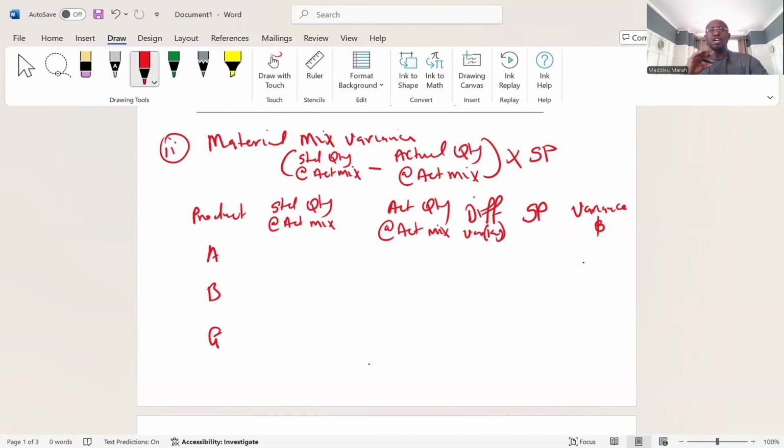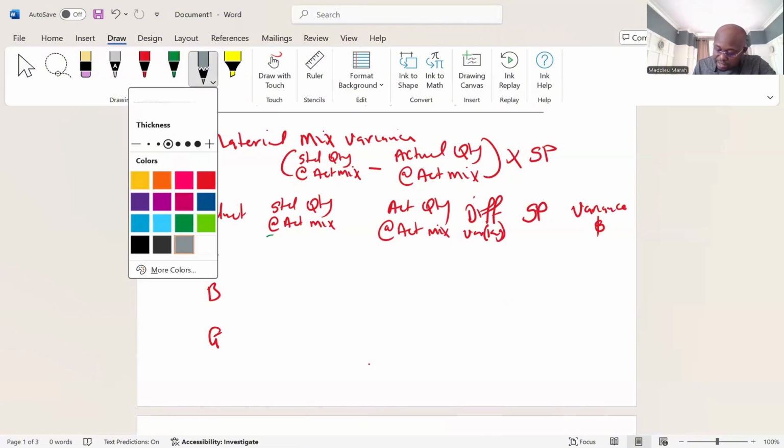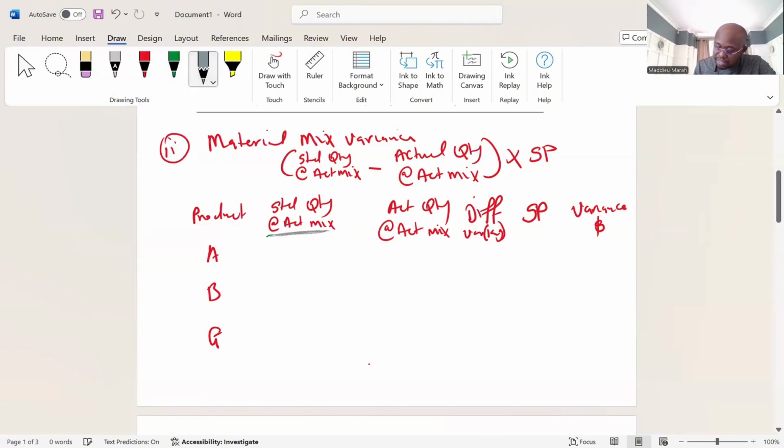So now, there's a technique. Look at how I'm breaking this formula. I will not start with the standard quantity at actual mix. Why? Logically, pay attention: this actual mix is coming here again as actual mix.